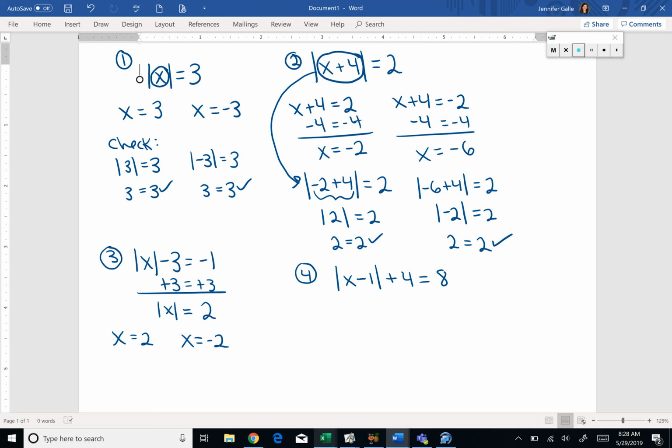If you think you're finished and you only have x equals, and there's just one number, think about the case you might be missing.